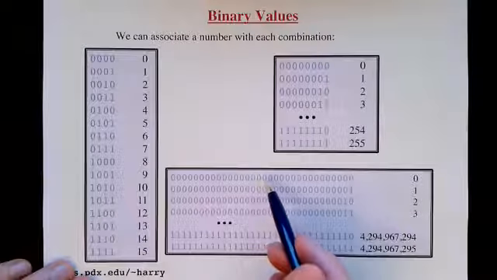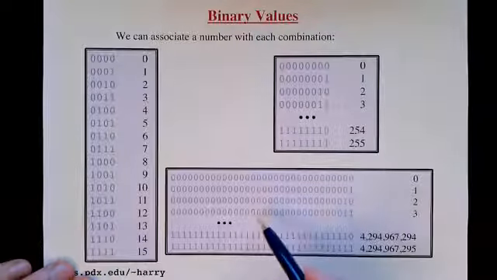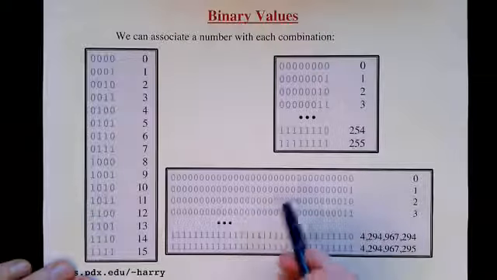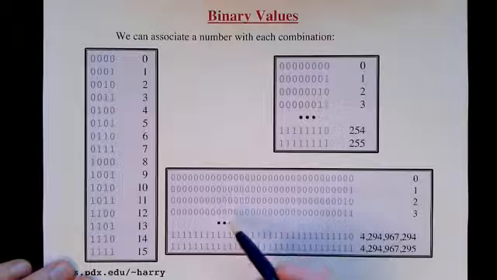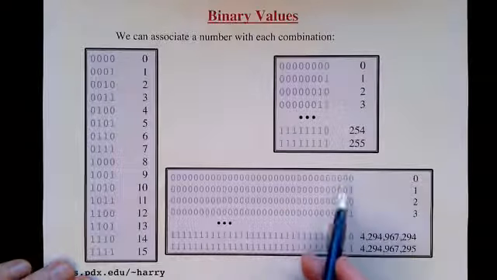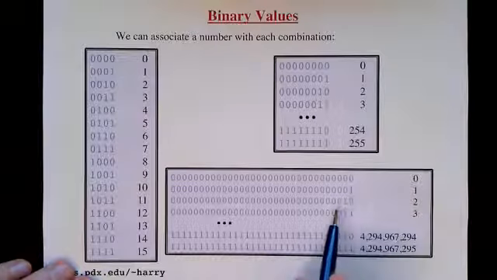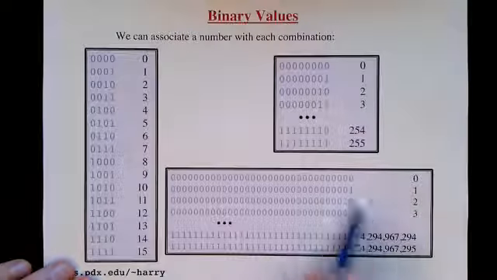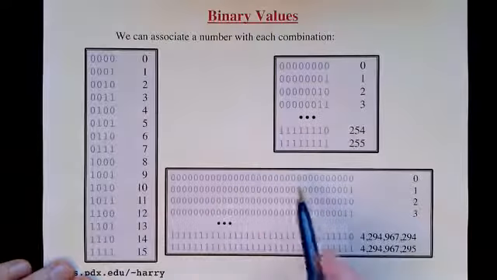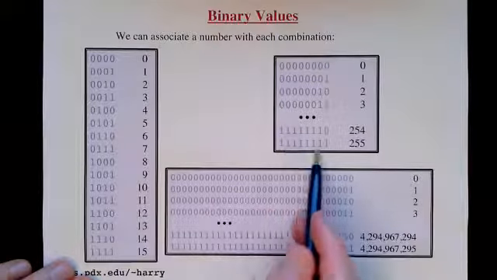With 32 bits, we have a lot more combinations, and of course the table would be impossibly large, so I'm not going to list all these possible bit values, but they start off the same, all zeros, 1, 1, 0, 0, 1, 1, and so on, just like with 8 bits and 4 bits, and they keep going until we get a value of all 1s.